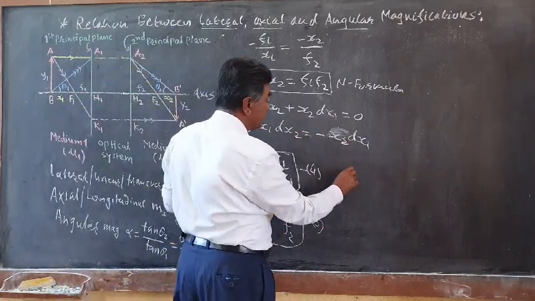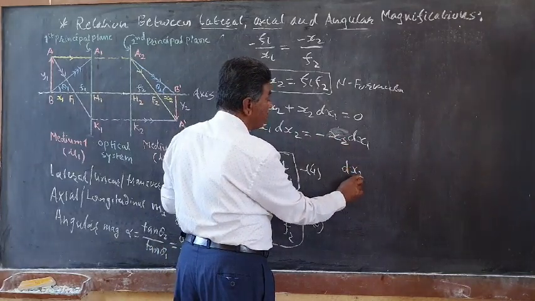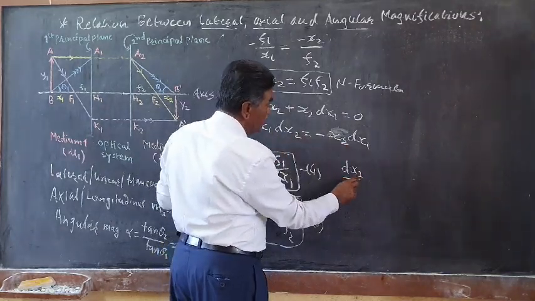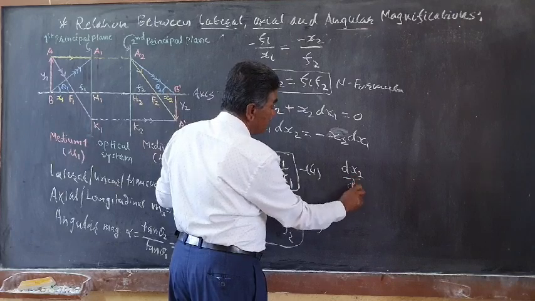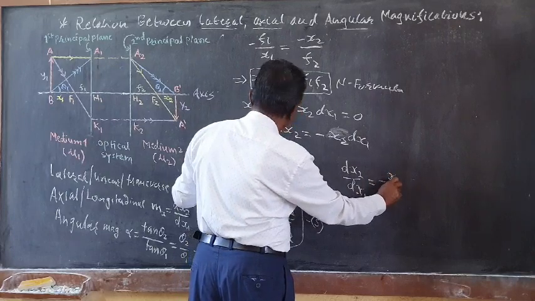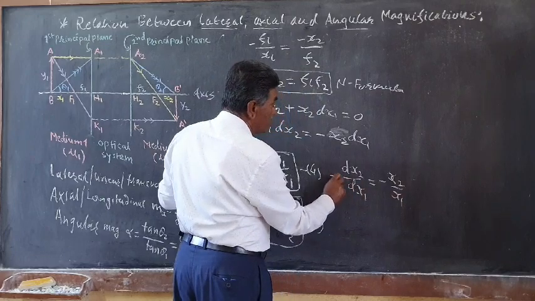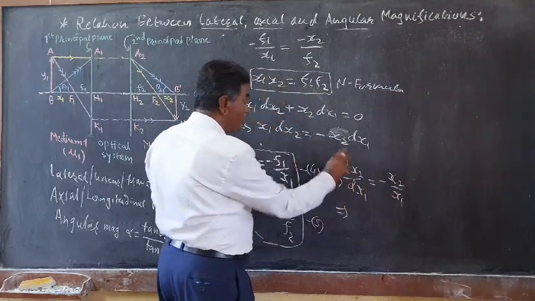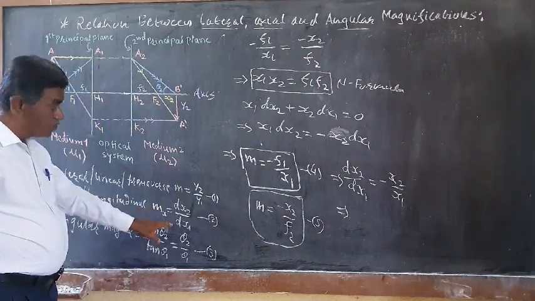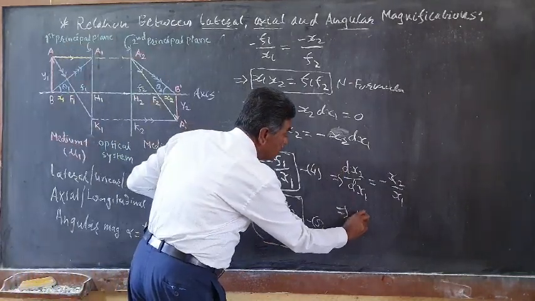This equation is rearranged, taking dx1 to this side: dx2 divided by dx1 will be equal to minus x2 divided by x1. Which implies, according to the definition of the axial or longitudinal magnification, mx is equal to dx2 divided by dx1. So instead of this we can write mx.